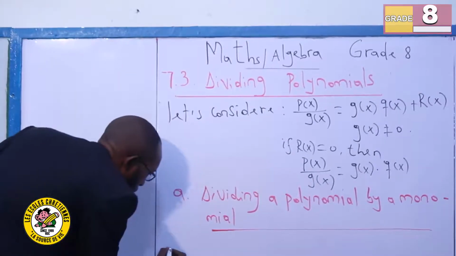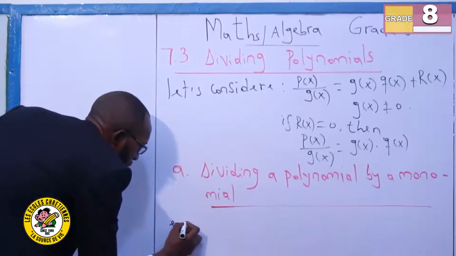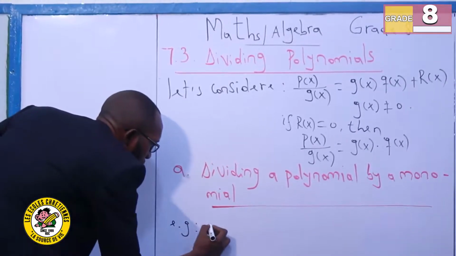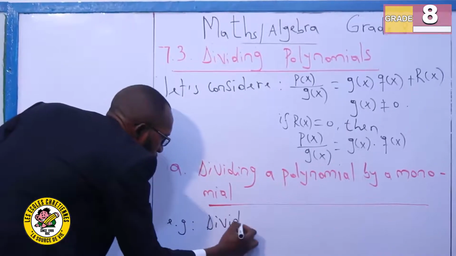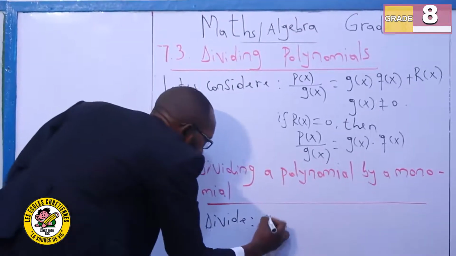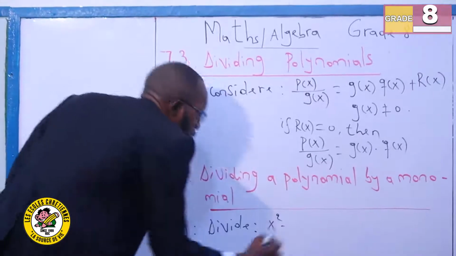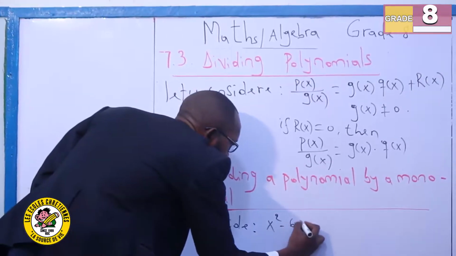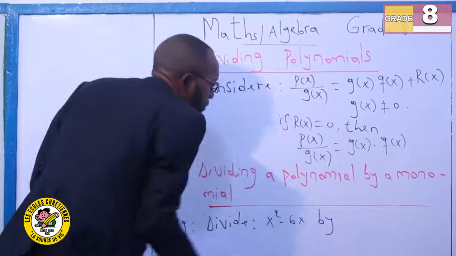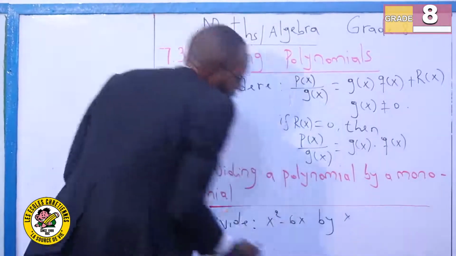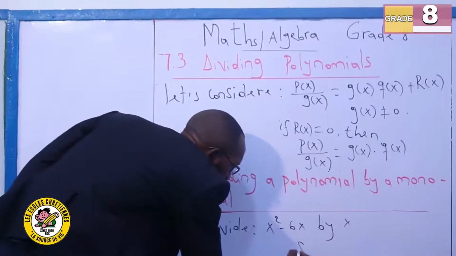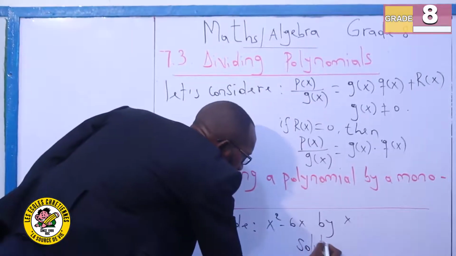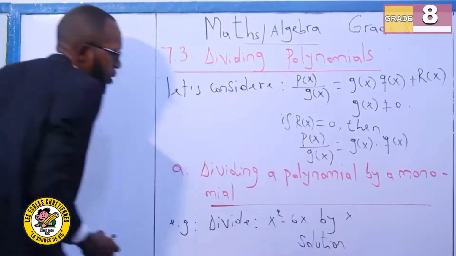Take this example: divide 2x squared minus 6x by x. This is very easy. As a solution, you just need to simplify.